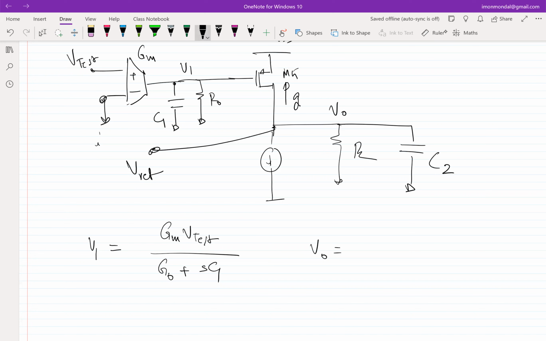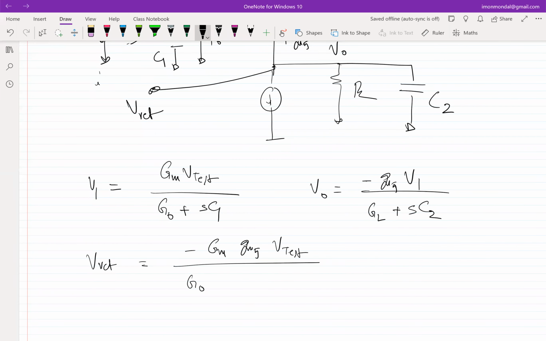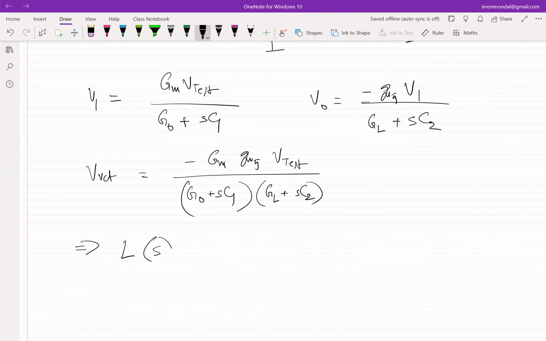So this current will be GM5 times V1 flowing upwards. So what will be the voltage at V0? Minus GM5 V1 by GL plus SC2. So what is V return in terms of V test? It becomes the multiplication of these two. So it becomes minus GM times GM5 times V test, over the two terms, which means your loop gain now is a function of S.